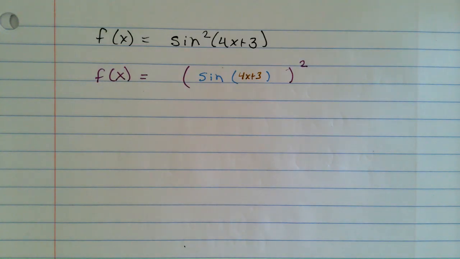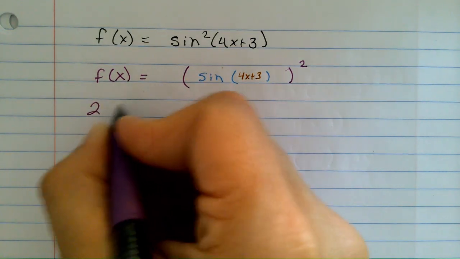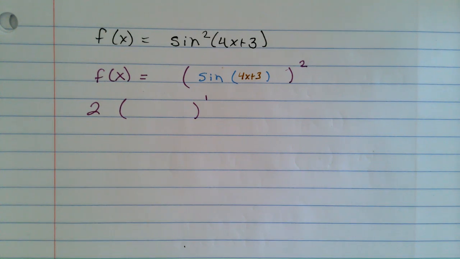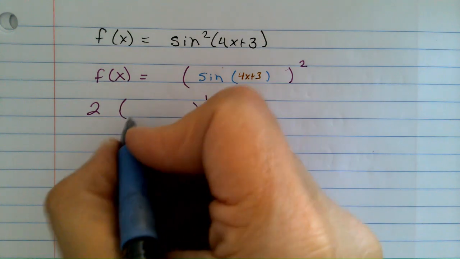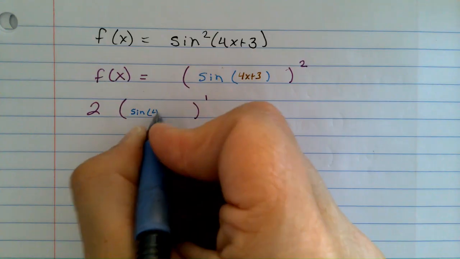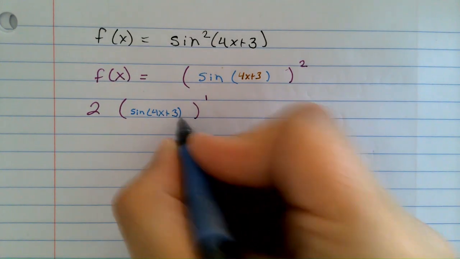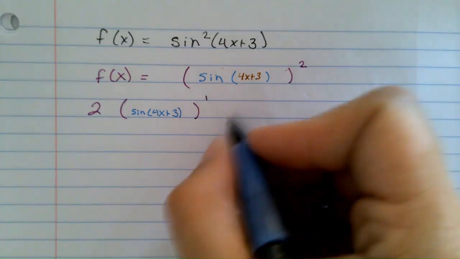All right, so we're going to start at the outside and work our way in. So deriving the squared. 2, keep the entire parentheses the same to the first, so sine 4x plus 3. Now I can derive sine. The derivative of sine is cosine.